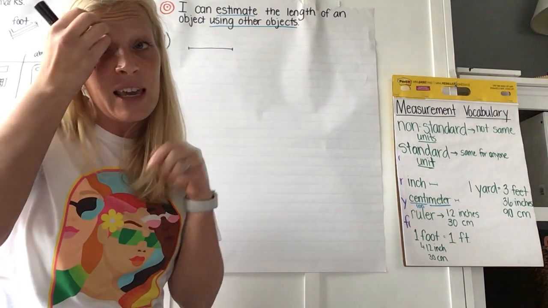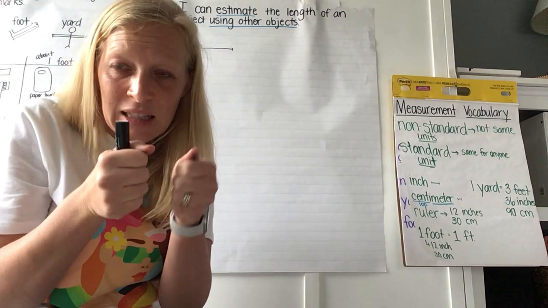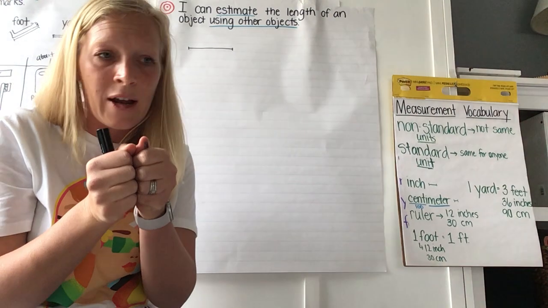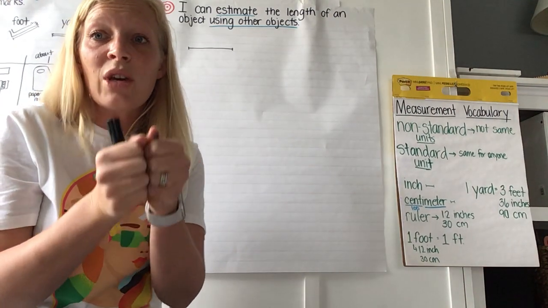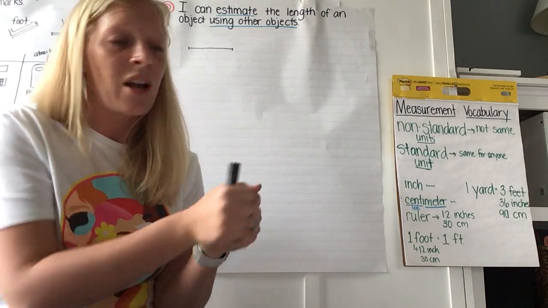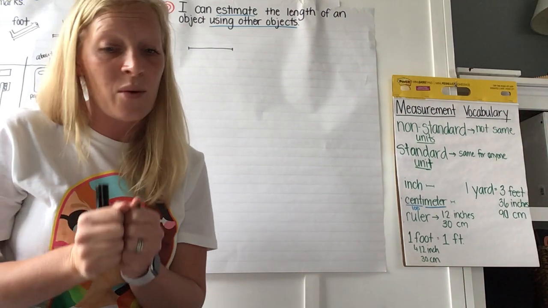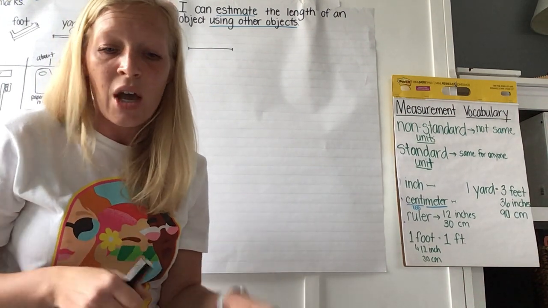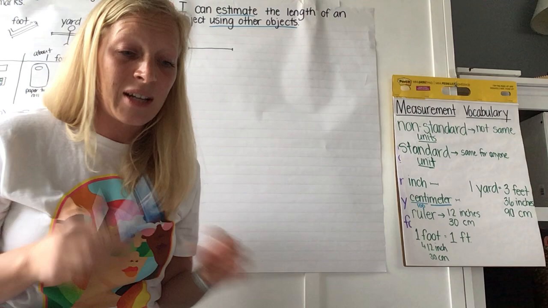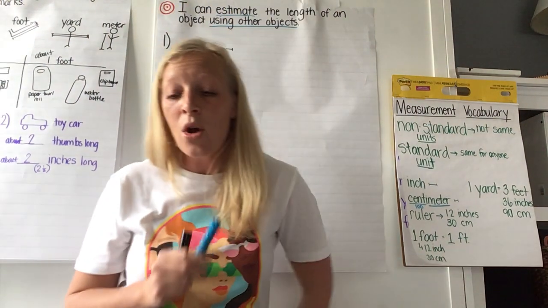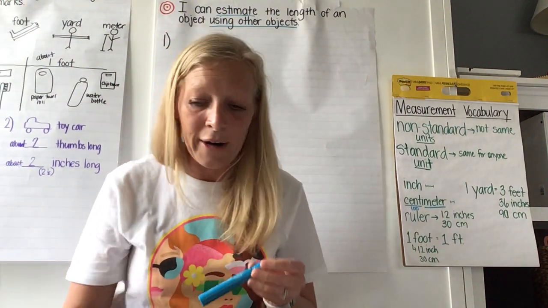You don't have to be here with me in my space to be able to do this work. Not only that, you can go and practice this work with any other objects around your house. So I wanted to choose objects that I know that you can use at home or in the classroom if that's where you are.